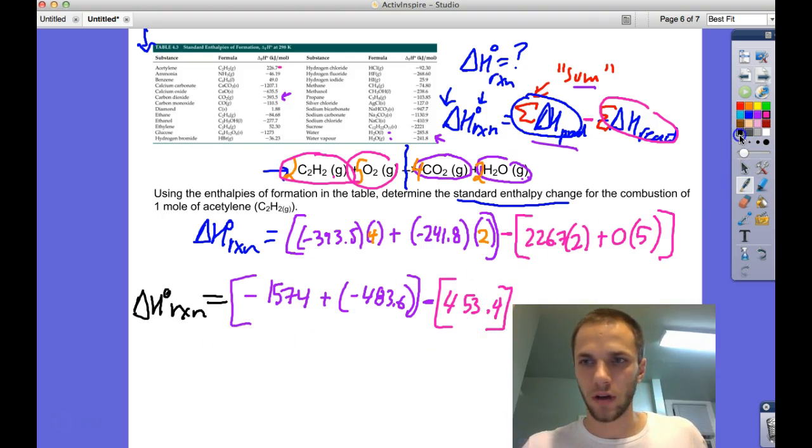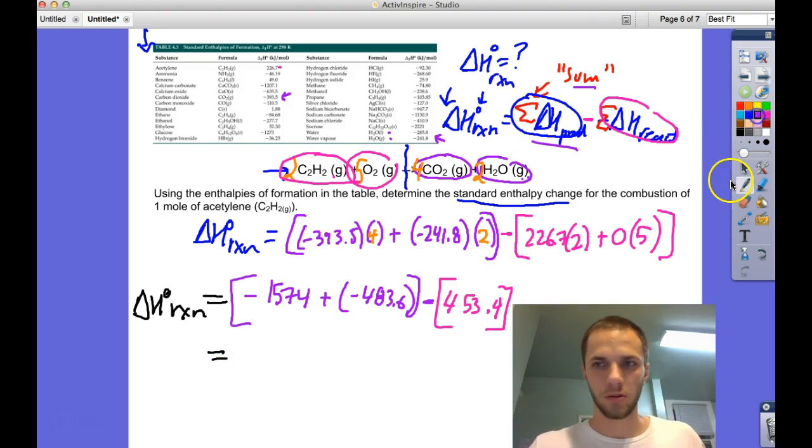Again, a common mistake where students get these things wrong is just in the arithmetic. So be very careful with your negative signs.